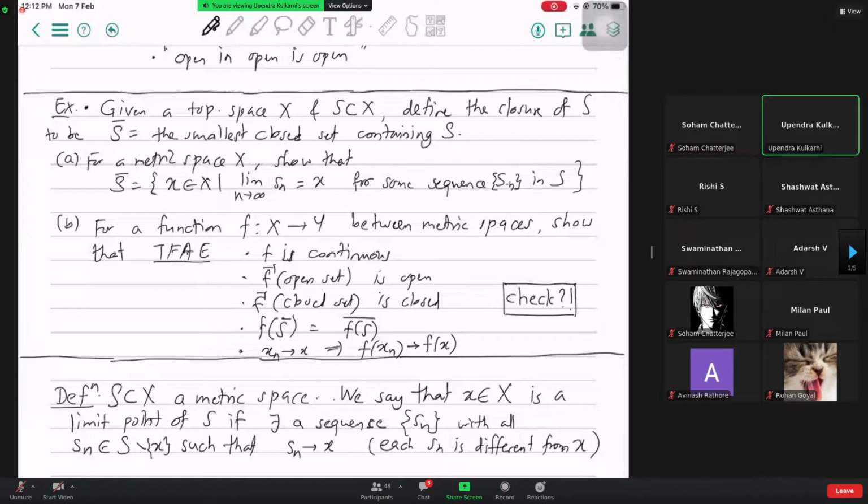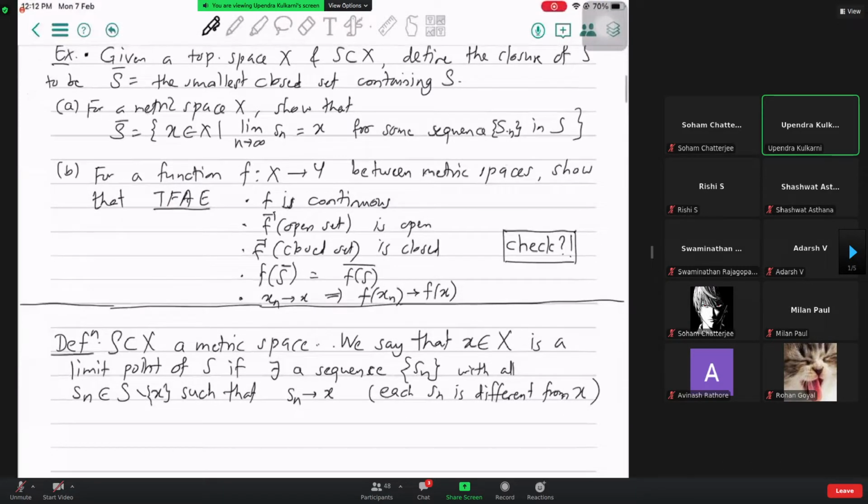All right, so just take a moment to read the definition. So what is the picture?